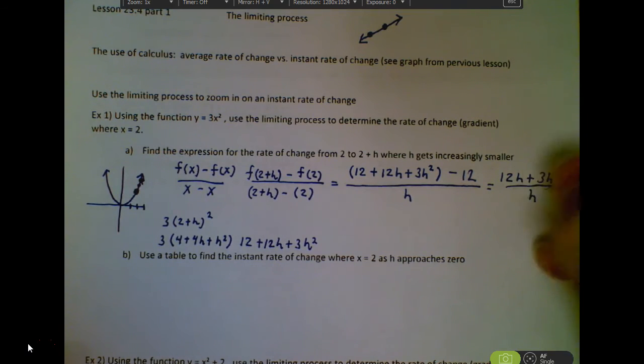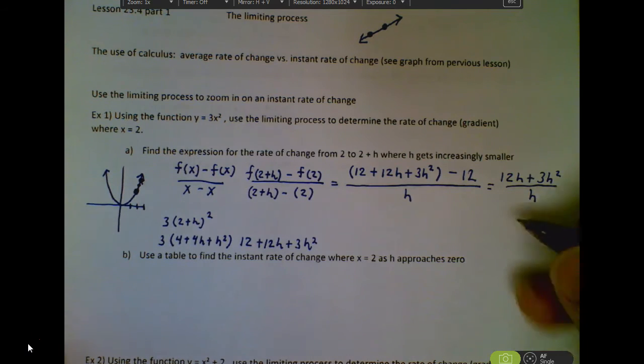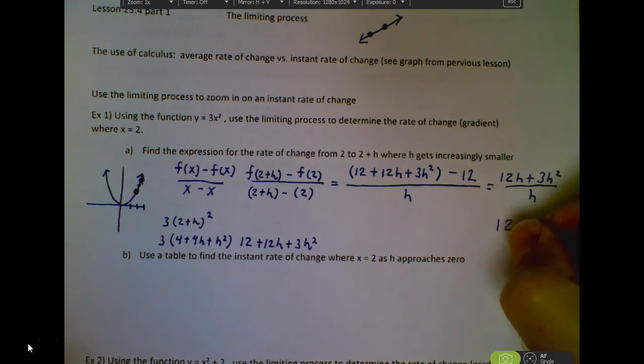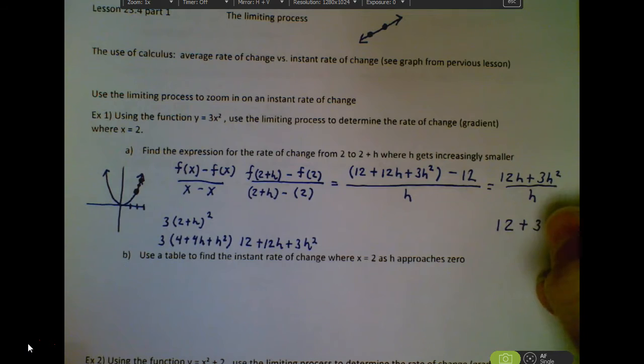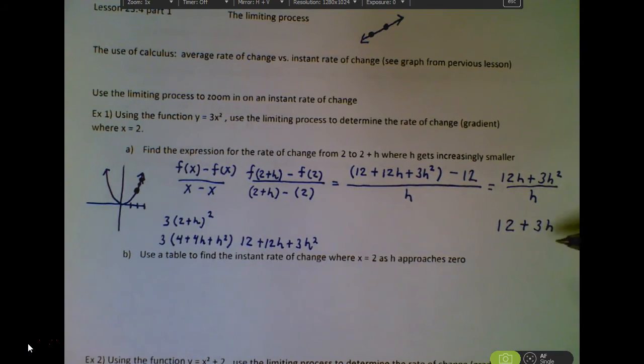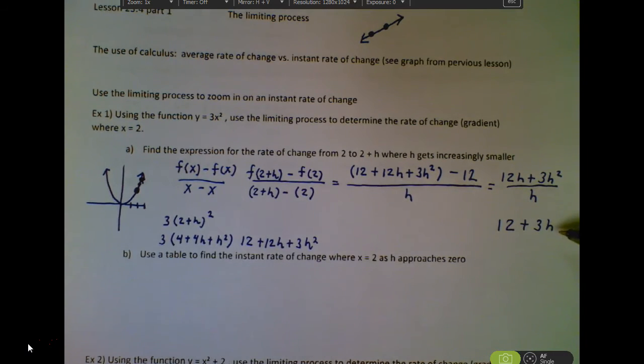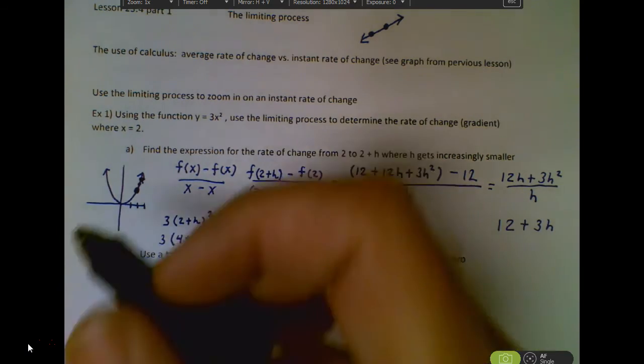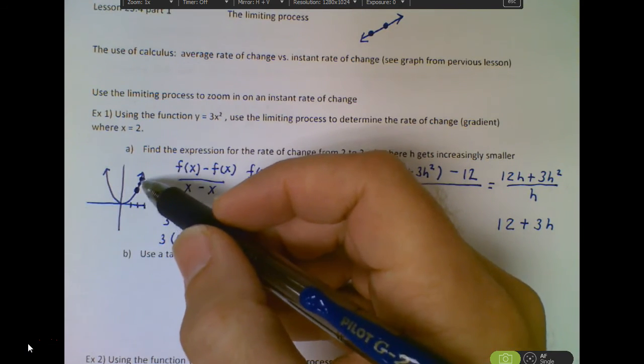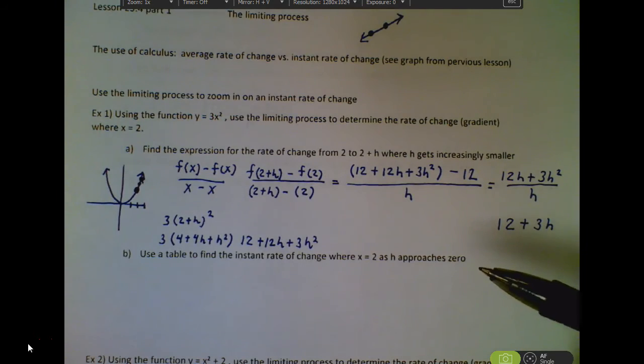And now I have one more step. Since h divides into everything, I can divide out the h and get my expression, which is just 12 plus 3h. So remember what we just developed right now is an expression for slope that we can use, and h represents the difference between the 2 points that I'm going to pick.